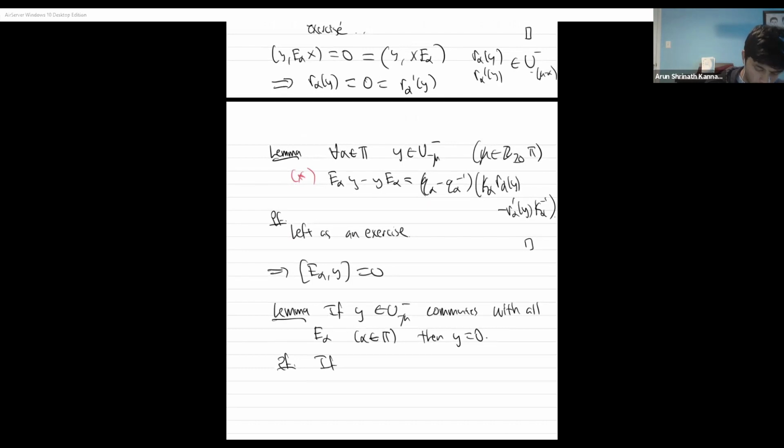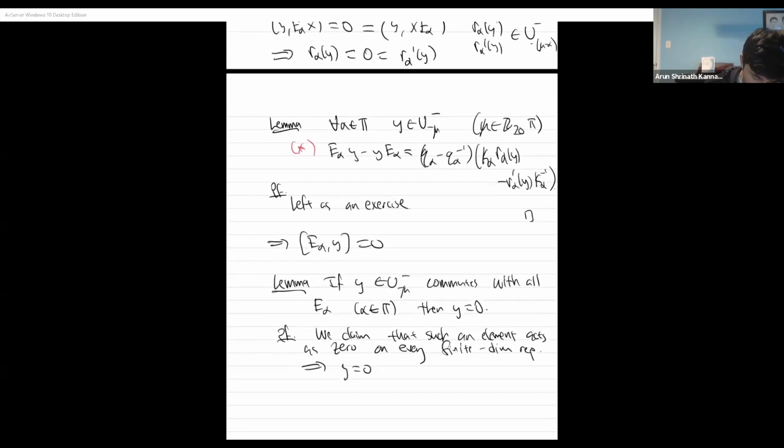So we claim that such an element acts as 0 on every finite dimensional representation. And then from a couple of lectures ago, we know that this implies that y equals 0.